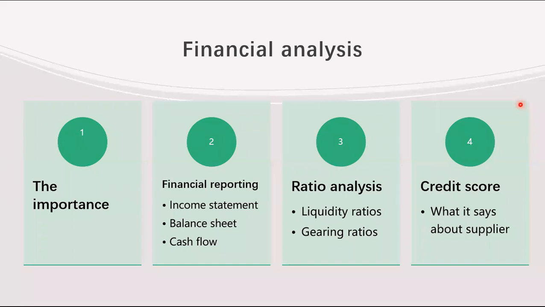Regarding credit score, the questions here tend to focus on their advantages and disadvantages. And second, they ask you about the content. What can credit score tell you about the supplier? As you know, credit score is the rating on the ability to pay their debt.